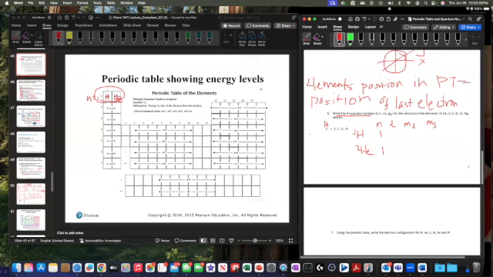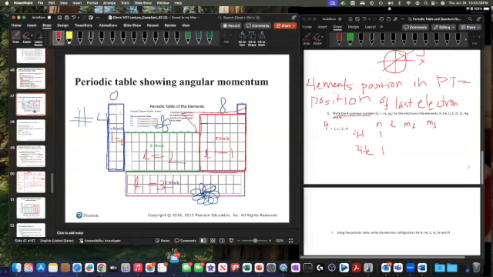Okay. Now, let's find the value of L. I'm going to scroll over here and once again put where hydrogen is and then where helium is. So helium is right here. Remember the value of L is equal to 0 for this part.